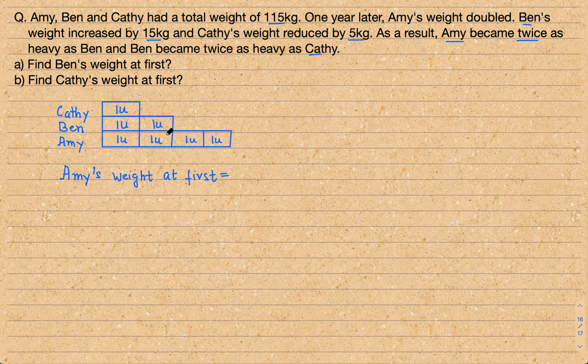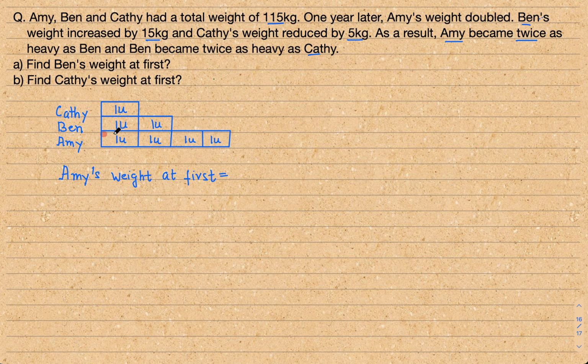So this is the weight after 1 year, and it has doubled what she was before, right? So at the end, if she is 4 units, how much was she previously? Obviously, half of this 4 units, which will be only 2 units, right?